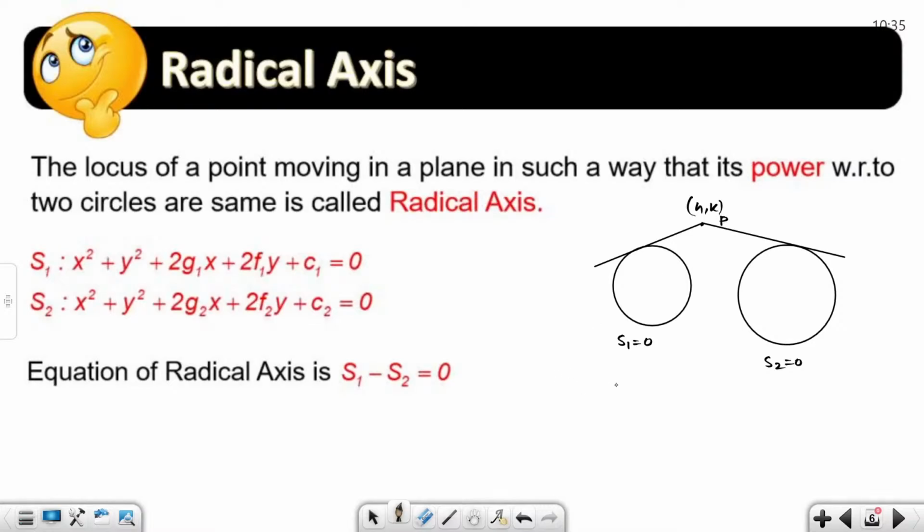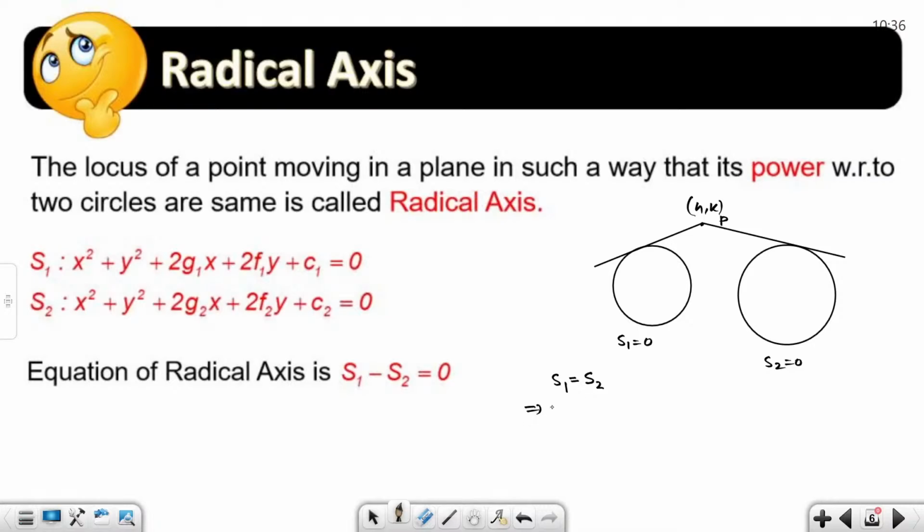According to the definition, the power with respect to the two circles is the same. So what is the power of the point P with respect to the first circle? It is S1. And what is the power of the point P with respect to the second circle? It is S2. By the definition, S1 equals S2.